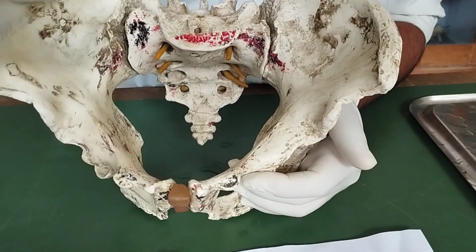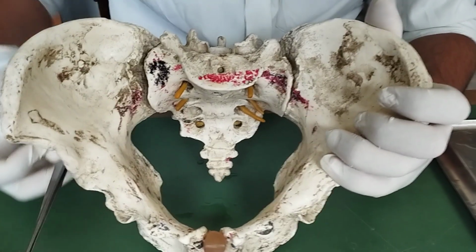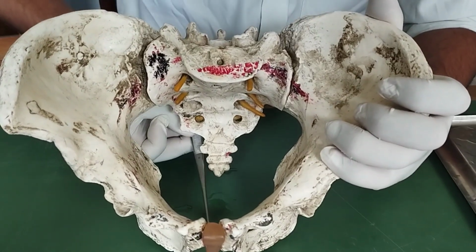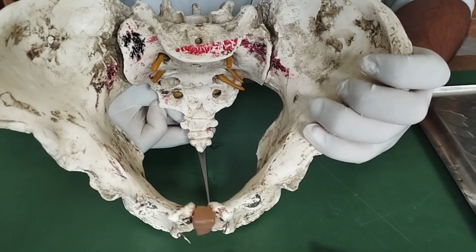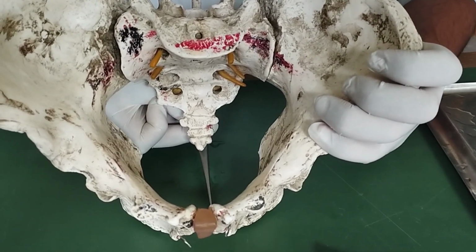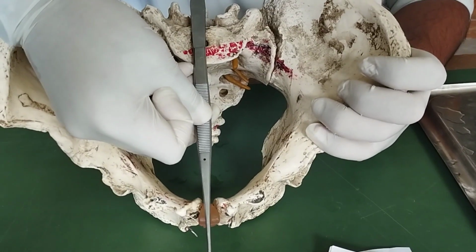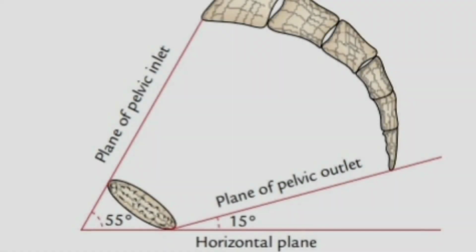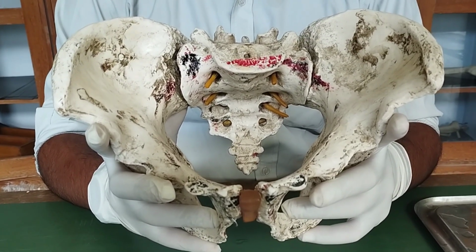Sacral canal is almost upward. An easy method to put bony pelvis in anatomical position: pelvic outlet makes a 15-degree angle with horizontal. Pelvic inlet makes an angle of 50 or 60 degrees with horizontal plane. Now this is the anatomical position of bony pelvis.